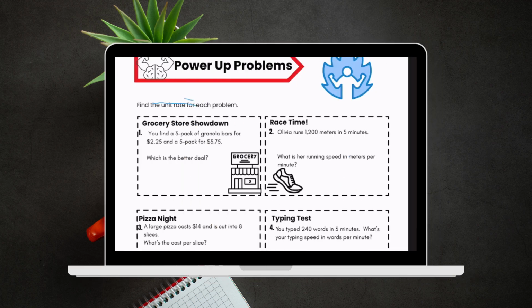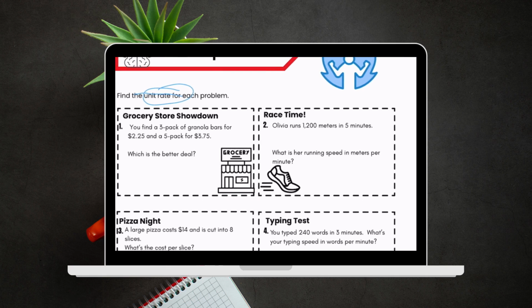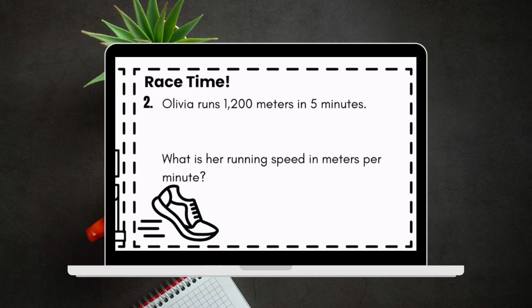Real quick, so we're finding the unit rate for each problem. Let's start with number 2, it's a little easier. Race time. Olivia runs 1,200 meters in 5 minutes, so I want to know how many meters per minute. Okay, the question kind of helps you determine how you want to line up your comparison. It's meters per minute. That helps you determine which number comes first, right?